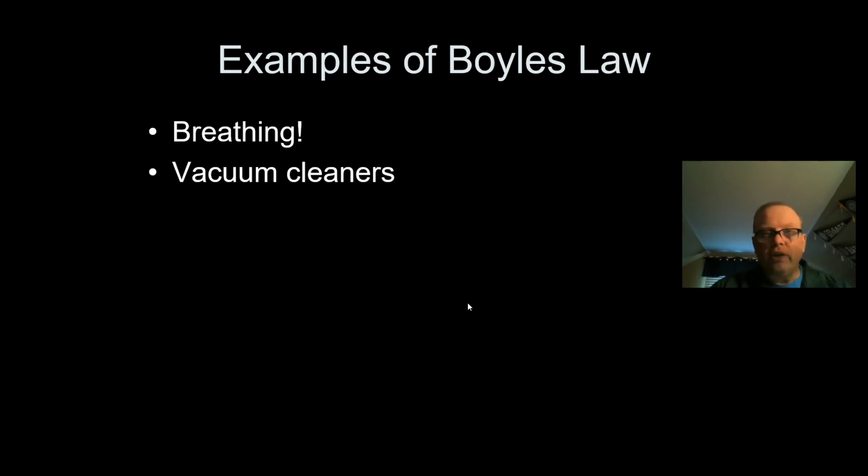Vacuum cleaners, as I said before, are operated under Boyle's law. What the vacuum does is create a low pressure system in front of the nozzle or the hose, and that's how things get drawn into the vacuum. By creating low pressure and trying to decrease the volume, the vacuum fan runs in there.